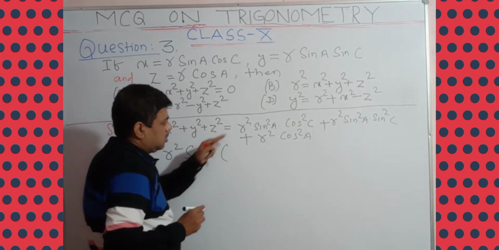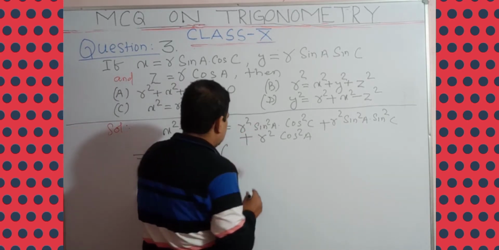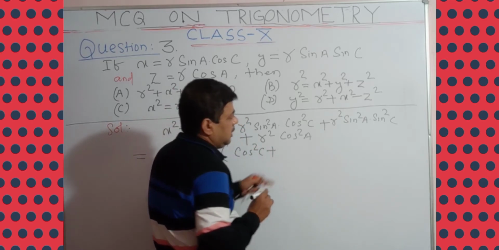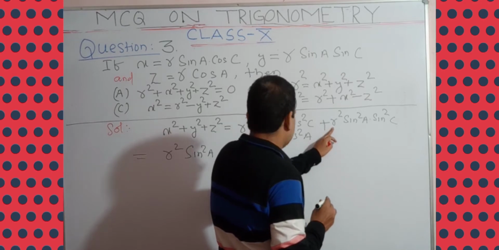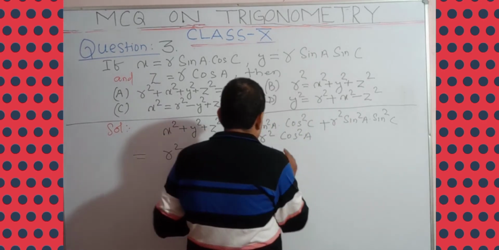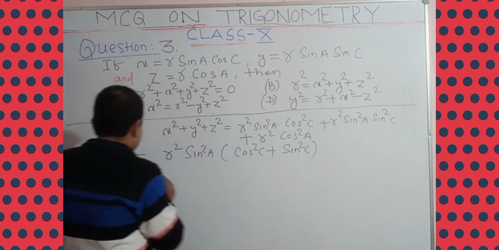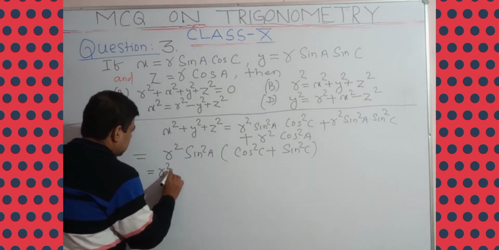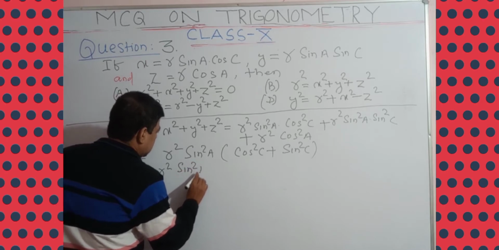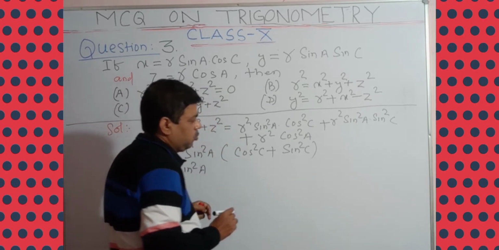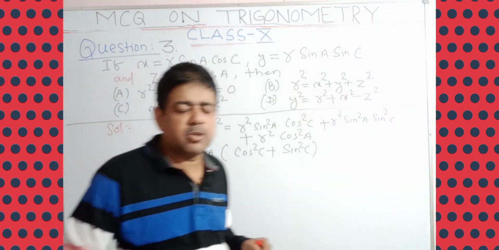So r square taken, sin square a taken, it will be cos square c. Yes or no? Plus here r square taken, then sin square a taken, it will be sin square c. Understand? So it will be r square sin square a into cos square c plus sin square c, that is sin square theta plus cos square theta.